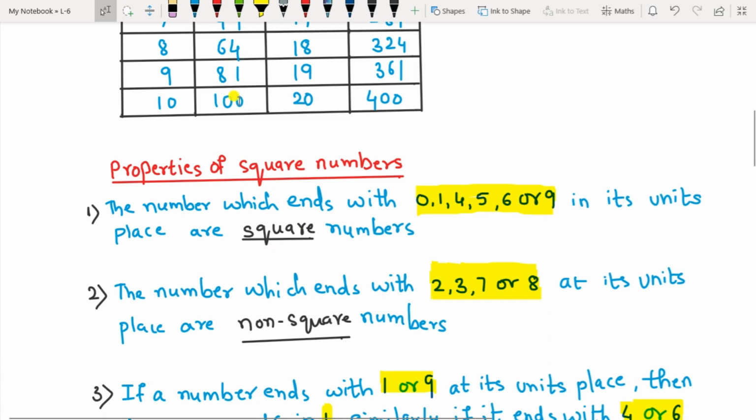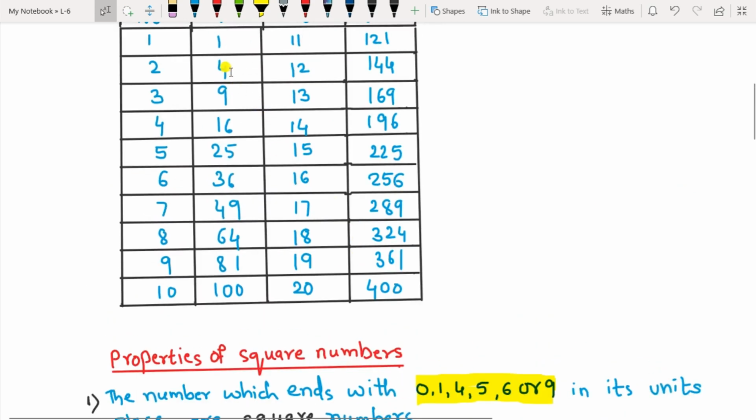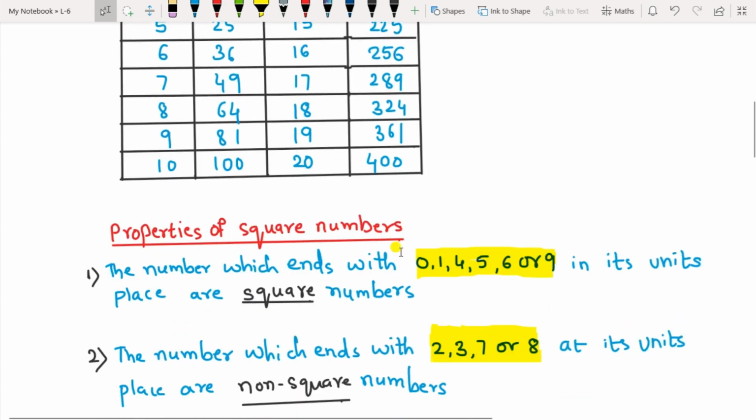You can see in this table all the numbers end with 0, 1, 4, 9, 6 or 5. All the numbers are ending with those digits, so they are square numbers.